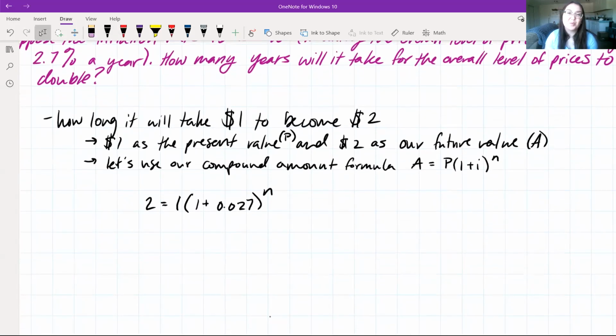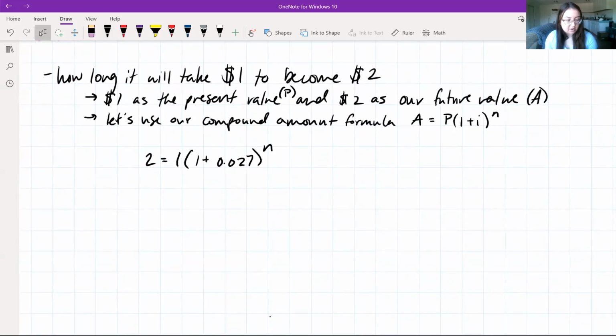We're going to assume that this changes annually. So now, we know that 1 times anything is just going to be whatever you're multiplying it by. So our equation here is going to become 1.027 to the n power is equal to 2.